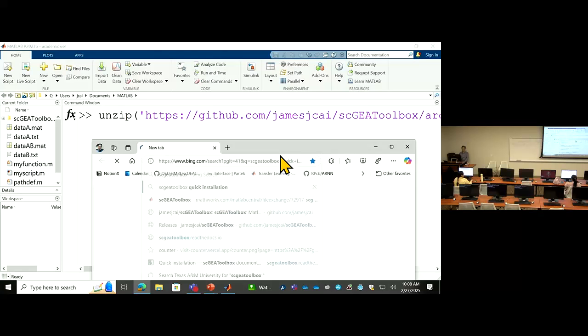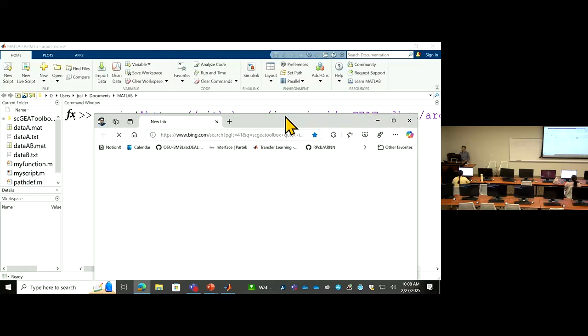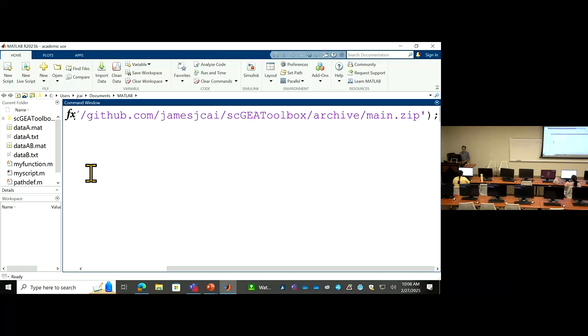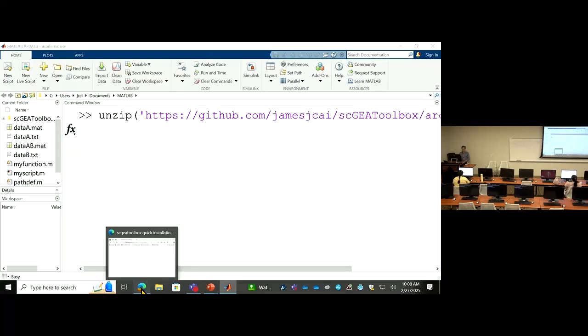So quick installation, if you search the toolbox, because this procedure takes some time.